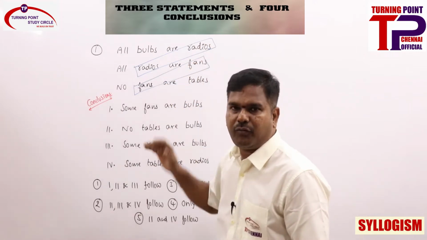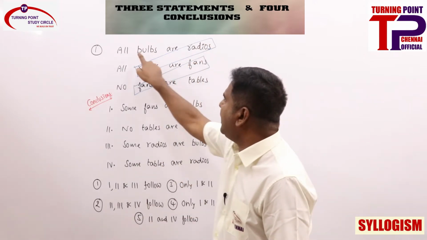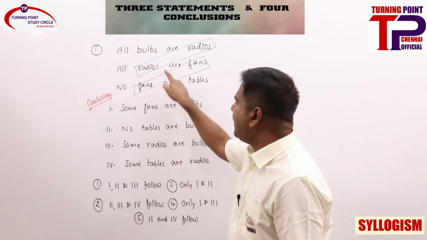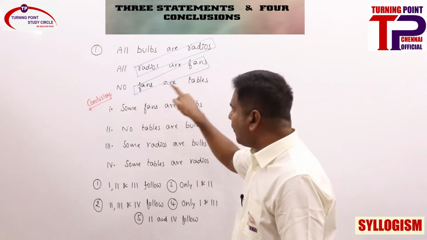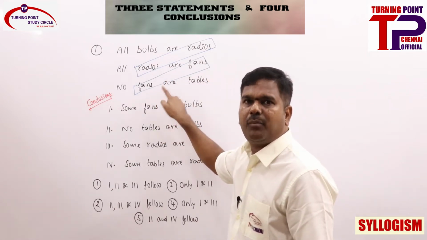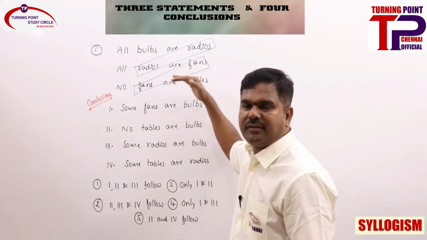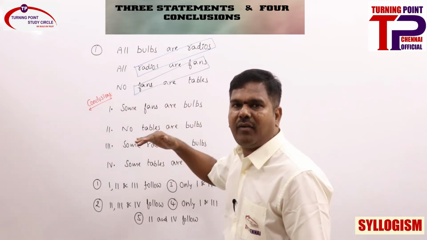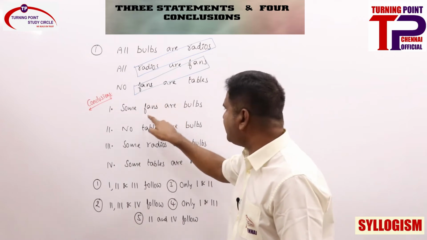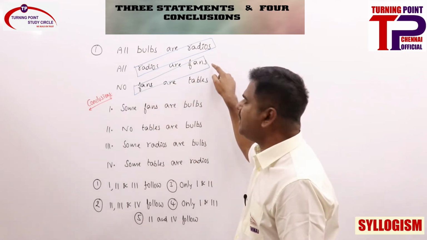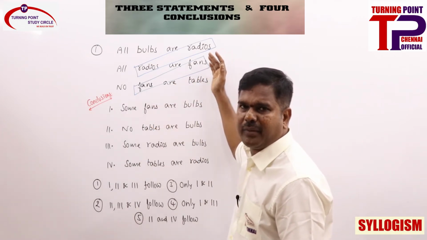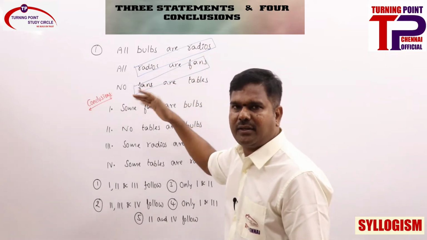Bulbs is in the first statement, fans is in the second statement. Of course fans is also in the third statement, but since it is already in the second statement, we can avoid the third statement.